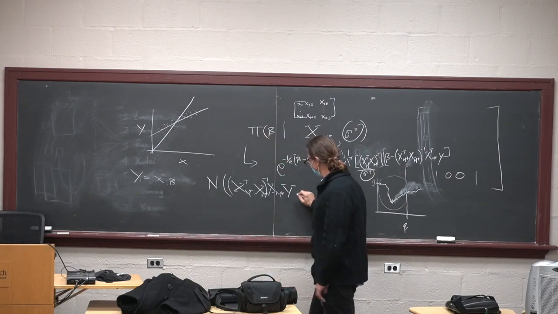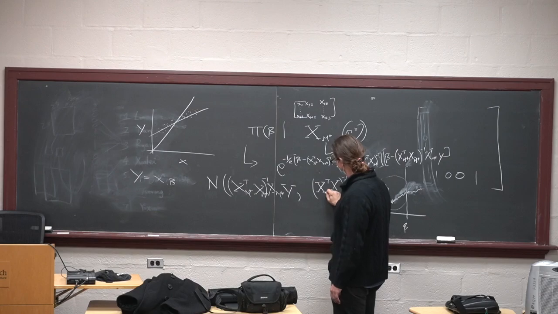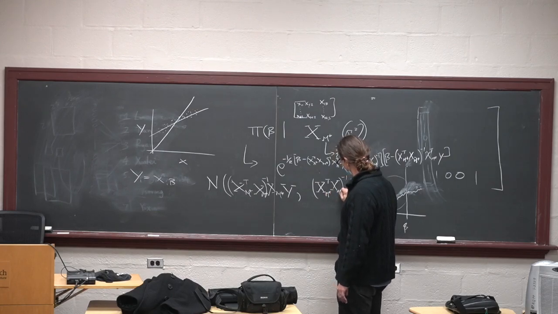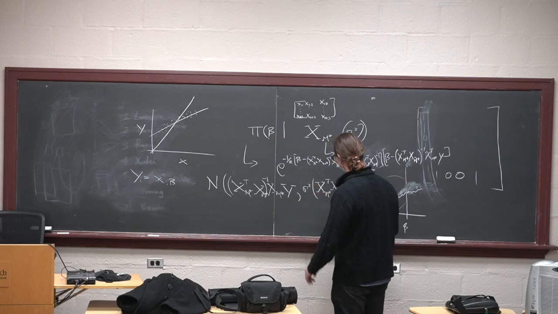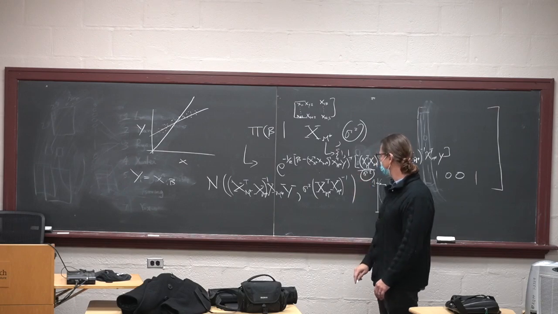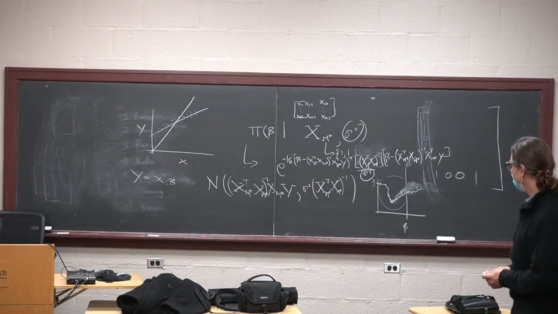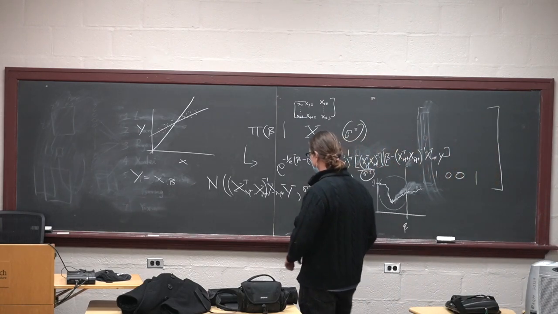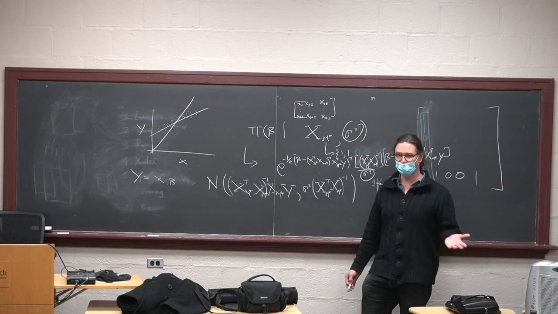Y doesn't change. And X transpose X inverse for that particular model times sigma squared. That's what it is. So at the end of each step, you can just sample your non-zero betas out of its normal model.